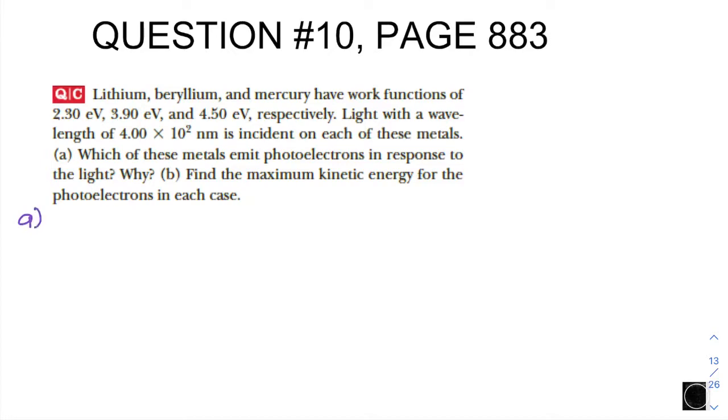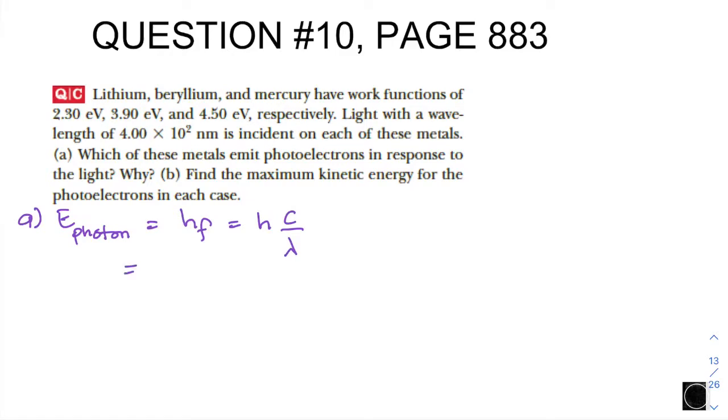So to answer part A, the energy of a photon is equivalent to hf, which is equivalent to hc over lambda. Why is it c? It's supposed to be v over lambda, right? But I'm using c because we're talking about light, so the speed of light is c, 3.0 times 10 to the power of 8 meters per second.